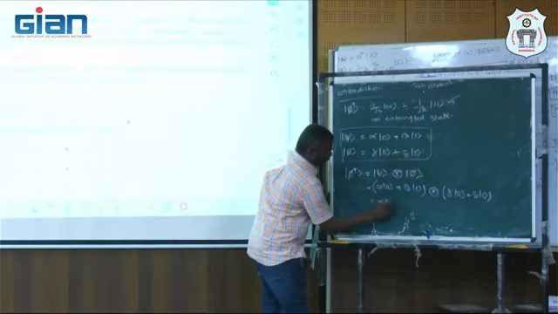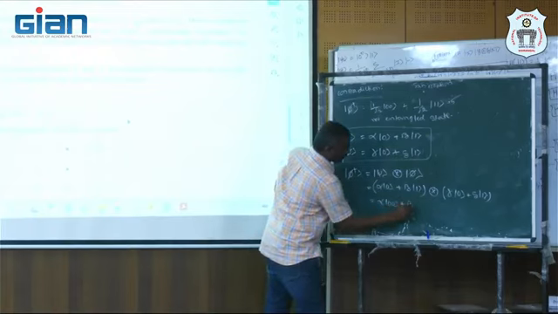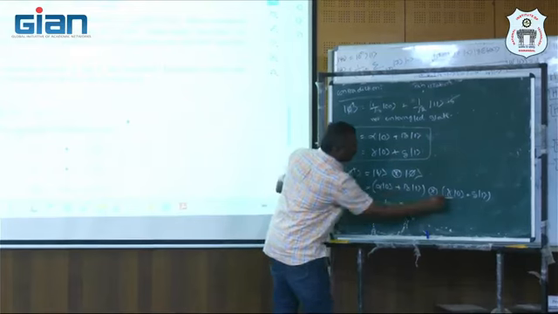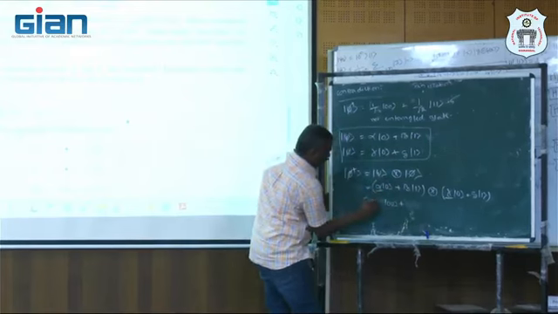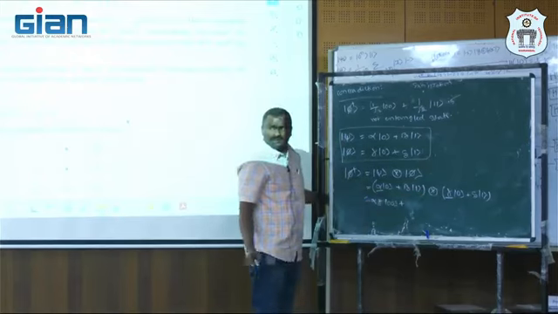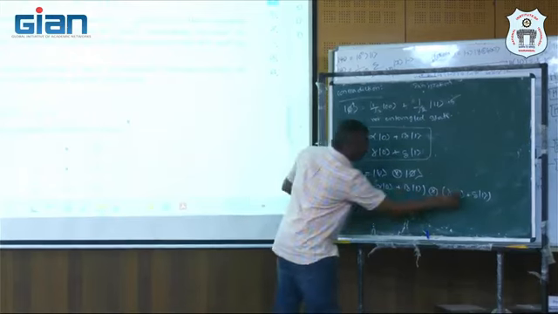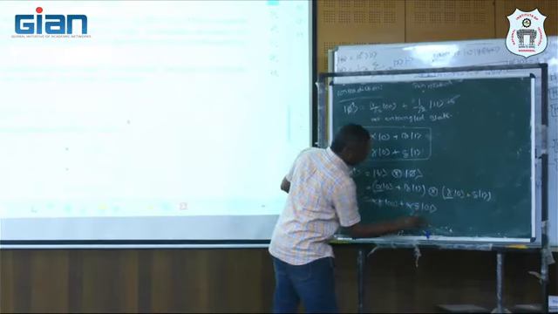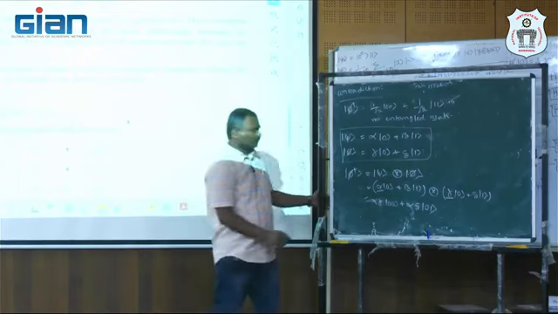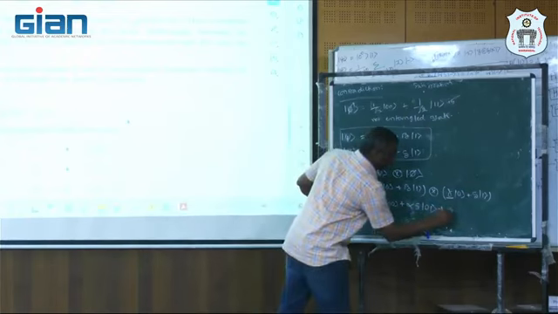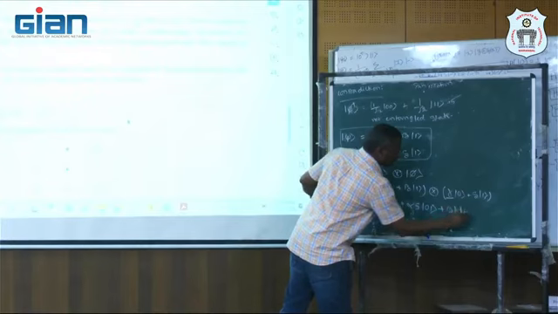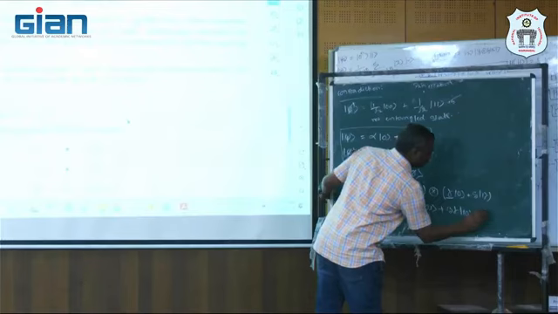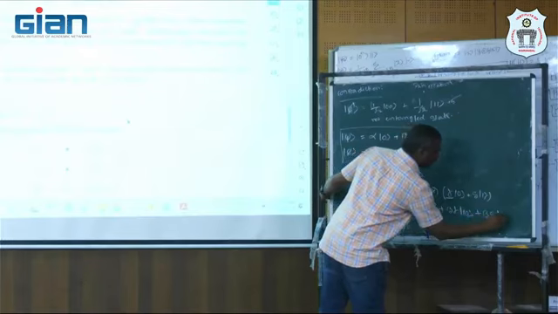We know that it is alpha gamma ket 0 0, plus alpha delta ket 0 1, plus beta gamma ket 1 0, plus beta delta ket 1 1.